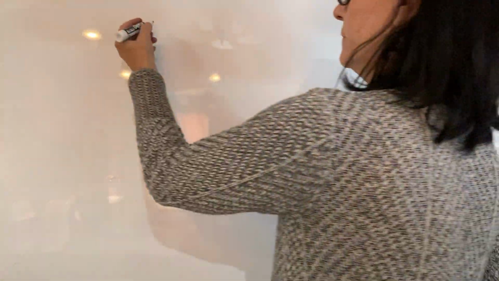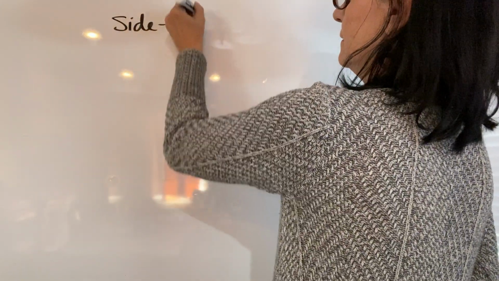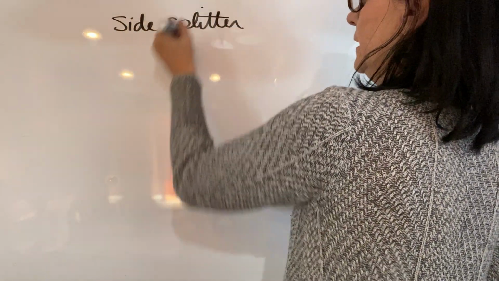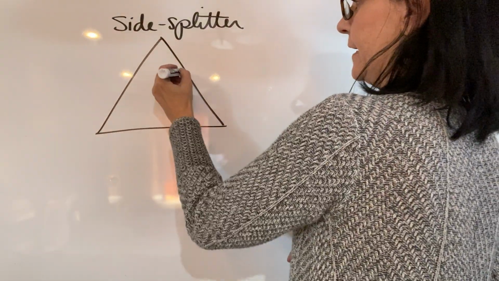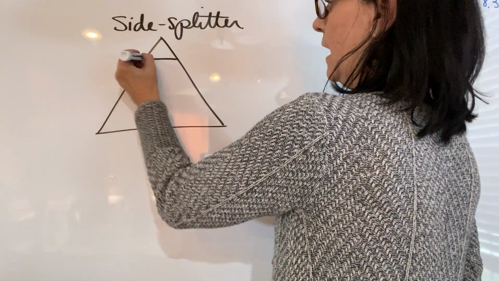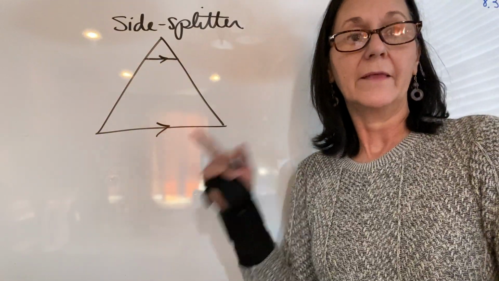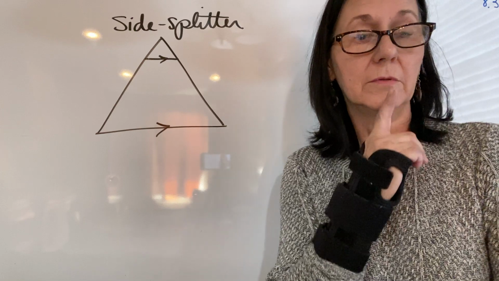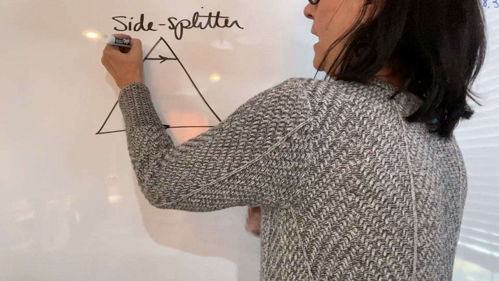The side splitter theorem says if I have a polygon and at any point I draw a line parallel to one of the sides, then there's something that I could know about this. So we have to go back to our parallel lines.